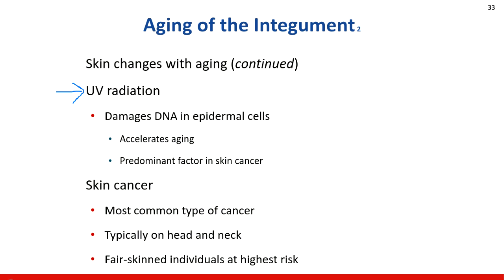But when it's not being protected, it will definitely accelerate the aging process. And if you don't believe me, go down to South Beach, Miami, and walk around and look at some of the people that are in their 50s, 60s, and 70s that have lived there all their lives. You can definitely tell.